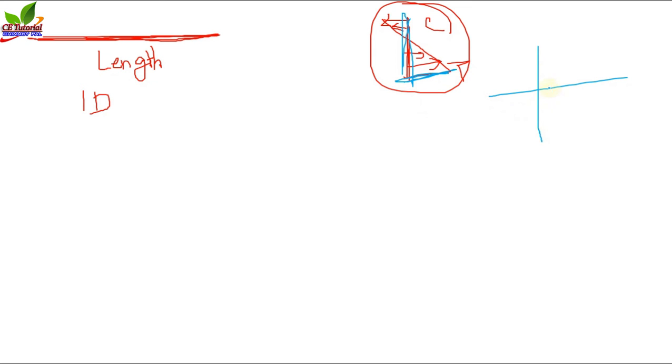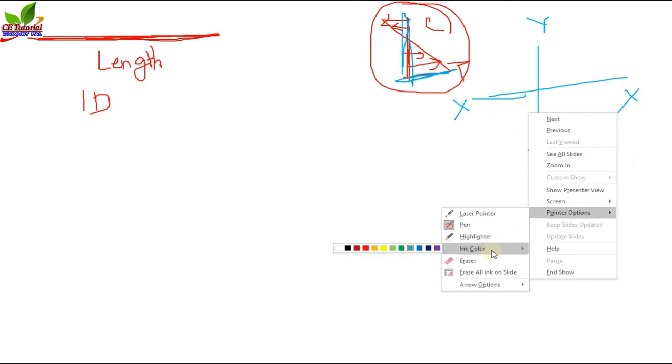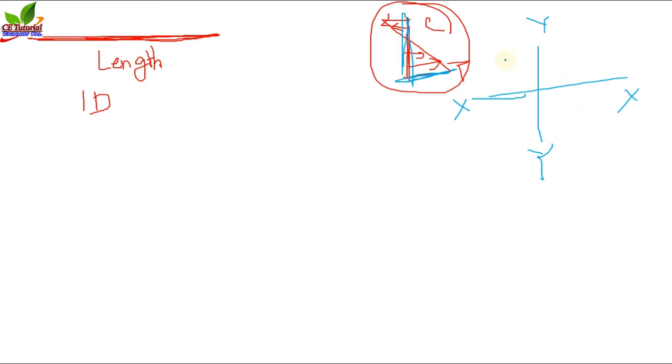Say suppose this is the y-axis, this is the x-axis, and if you draw the bending stress diagram, suppose this will be the bending stress diagram. That means on the negative side we consider the compression zone, on the positive side we consider the tension zone. So this diagram is a two-dimensional diagram.